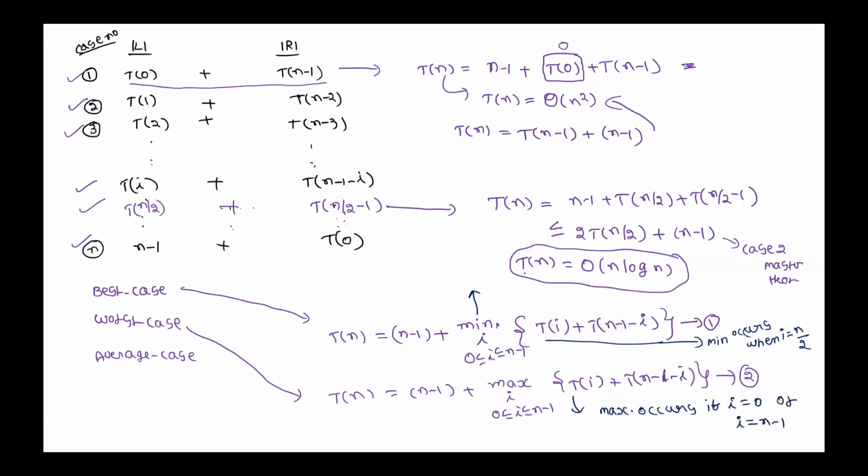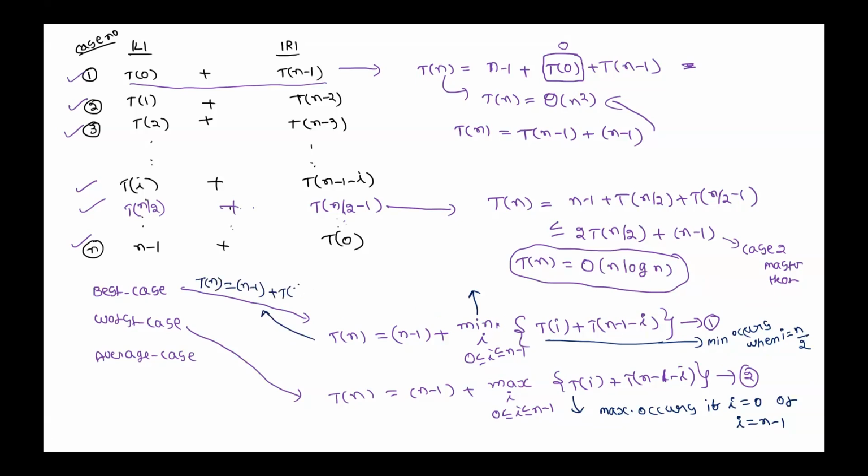Now tell me, for the best case, what is the recurrence? I know that the minimum occurs at I equals n by 2. T of n equals n minus 1, no change, and in place of I, you substitute n by 2.